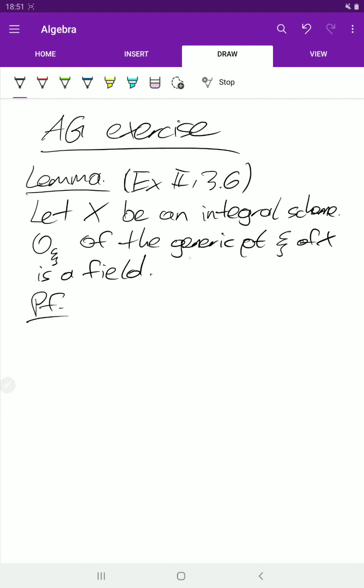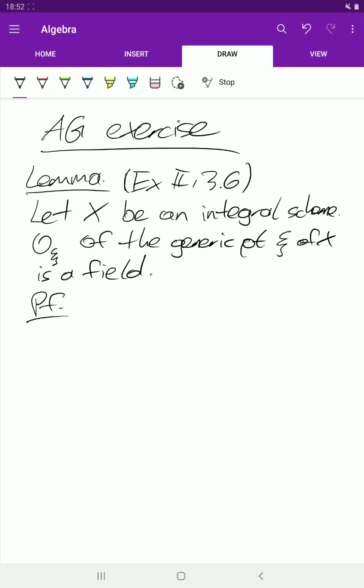That's important because we need a generic point already in the statement. These are some facts you might know from an algebraic geometry course, or if not, you can look them up. But now let's see the proof.